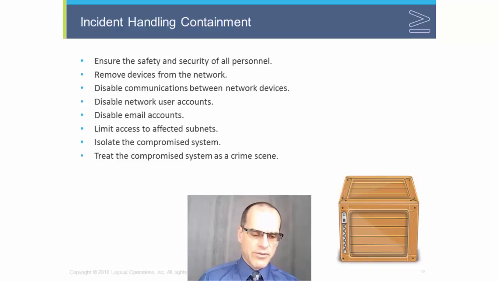We're going to move on from that to try to stop the spread of the incident, perhaps by disconnecting devices from the network, or perhaps disabling various types of communication: network communications, user accounts, email accounts, anything that we feel might be involved in the incident that could be spreading the problem, we're going to disable, and perhaps even disconnecting access to a subnet if there's an entire subnet that is involved.